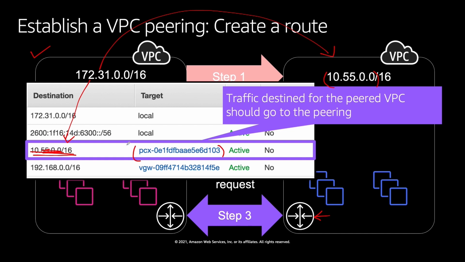The peering construct is a randomly generated string, and it will be the same on both sides. That's how you can establish VPC peering across two different VPCs.